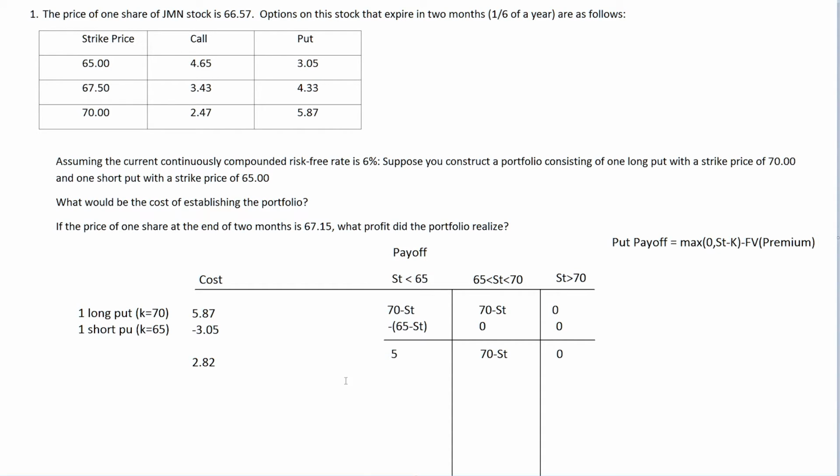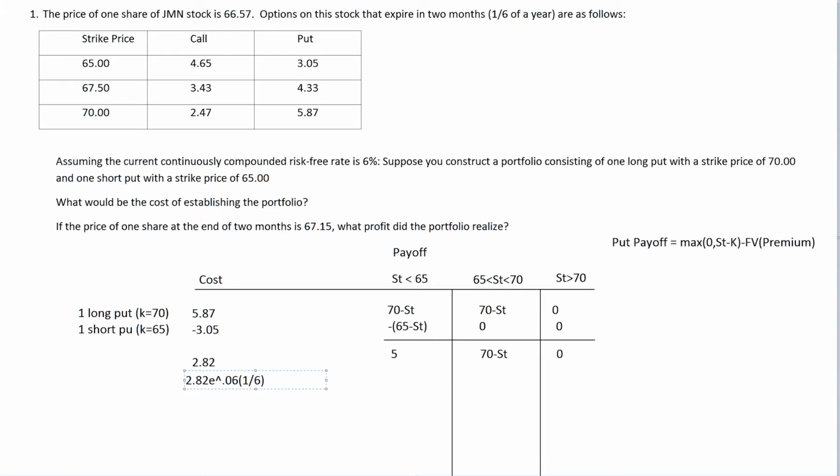Now we've got to subtract the future value of the premium, which we found here from our cost. Remember, we're being compounded continuously. So to figure that out, we're just going to have 2.82 times e to the power of r, which is 0.06, and we're at 1/6 of a year, which is 1/6.